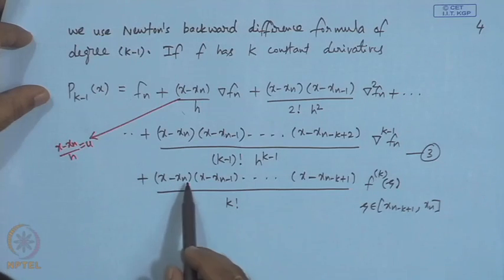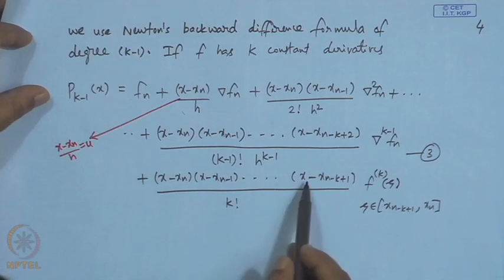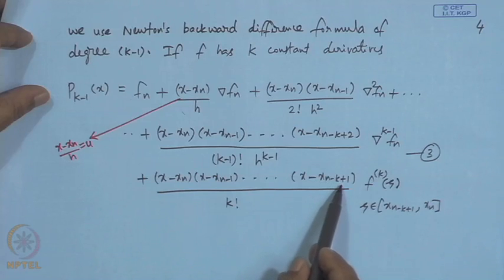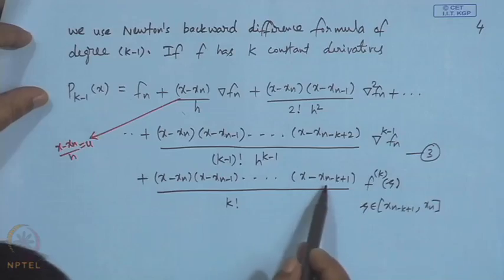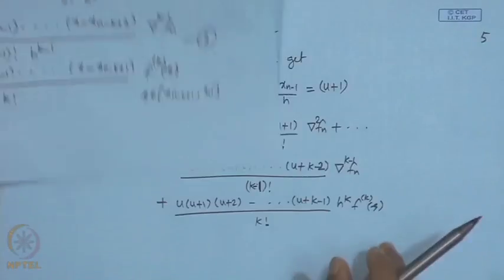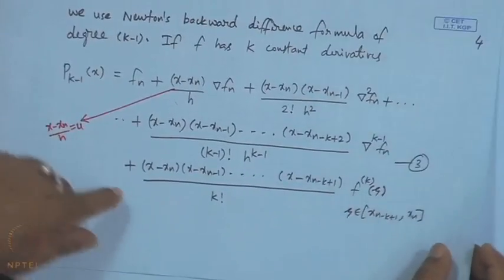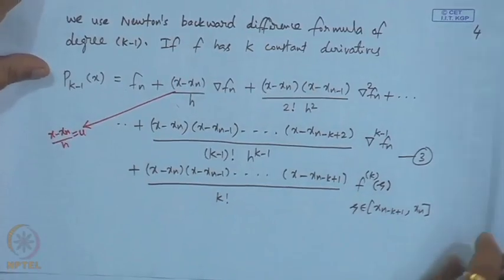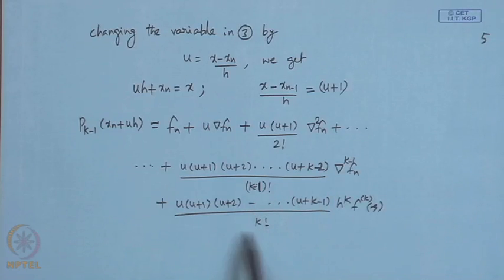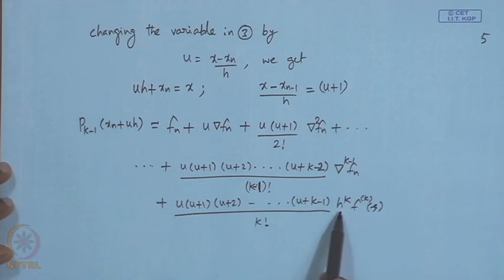Therefore, we have to supply an h for each factor, so in total we get h power k in the numerator and h power k in the denominator. So, the denominator got adjusted into u plus 1, u plus 2 and so on, and in the numerator it remained.